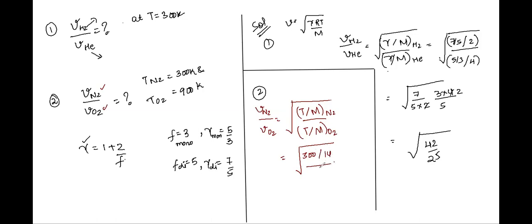Are you sure it will be 14? See, Karuna, nitrogen as an atom can be written as having atomic mass 14. But when you talk about nitrogen as a molecule, you no longer talk about its atomic mass, you talk about its molecular mass. So molecular mass will now be 28 and not 14.